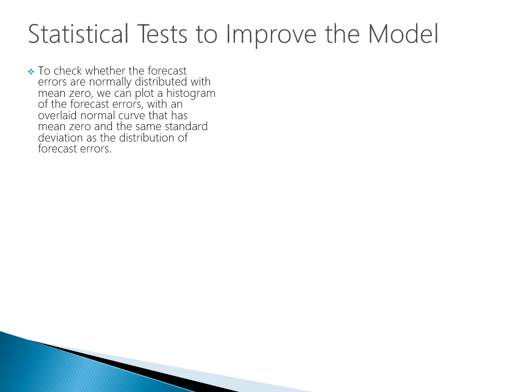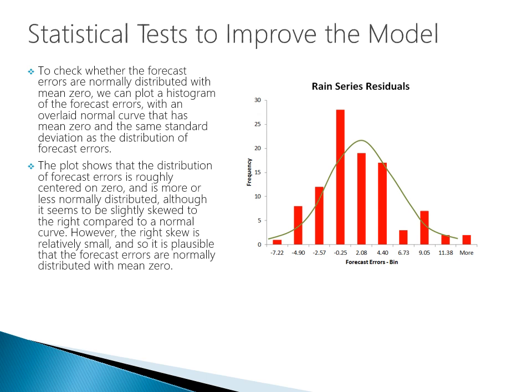To check whether the forecast errors are normally distributed with a mean of 0, we can plot a histogram of the forecast errors with an overlaid normal curve that has a mean 0 and the same standard deviation as the distribution of the forecast errors. The plot shows that the distribution of forecast errors is roughly centered on 0 and is more or less normally distributed, although it seems to be slightly skewed to the right compared to a normal curve.